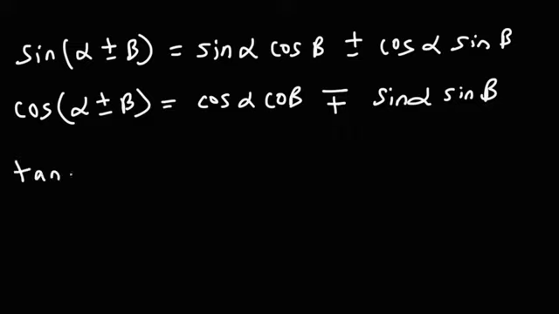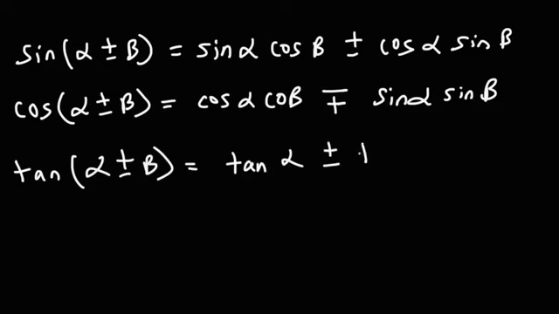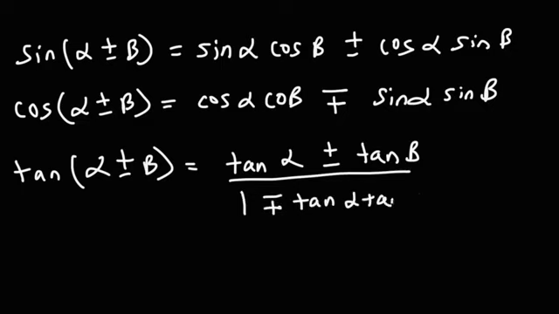Now the next sum and difference identity has to do with tangent. Tangent alpha plus or minus beta is going to be tangent alpha plus or minus tan beta over 1 minus plus tan alpha tan beta.